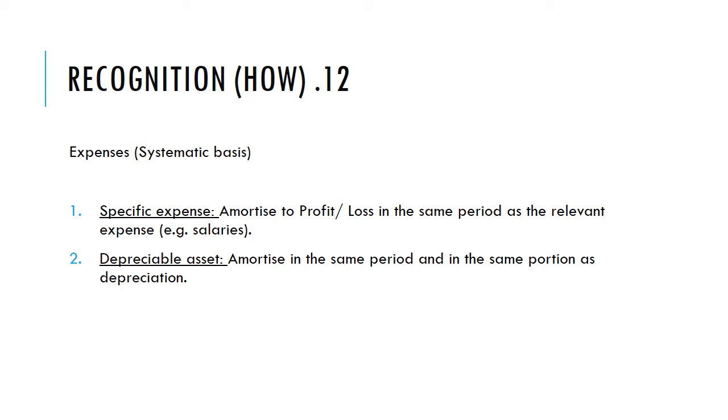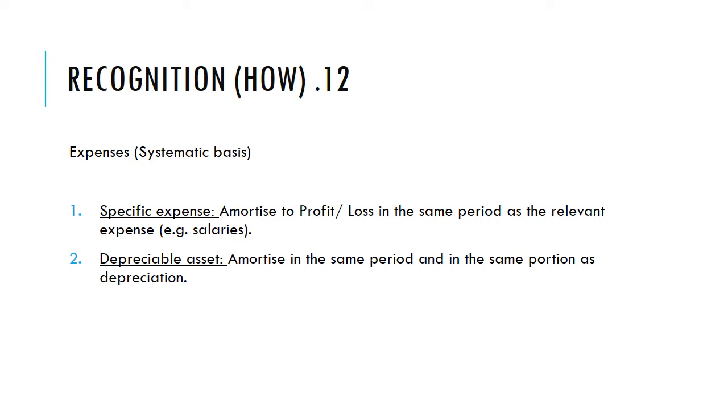Then very importantly for you to understand, the amortize they are talking about here is when you decrease the deferred revenue. Okay, so as soon as I decrease the deferred revenue, I am amortizing this deferred revenue to profit and loss.